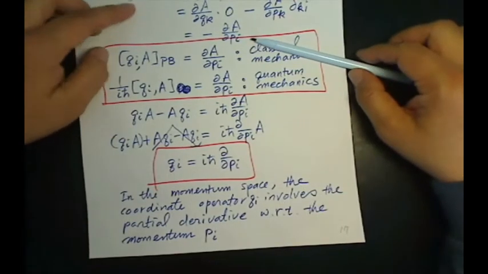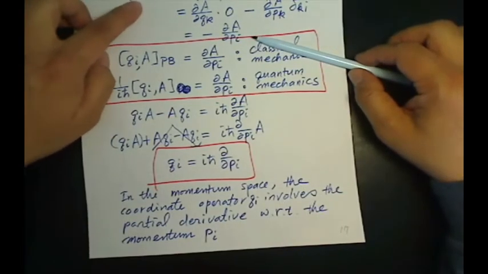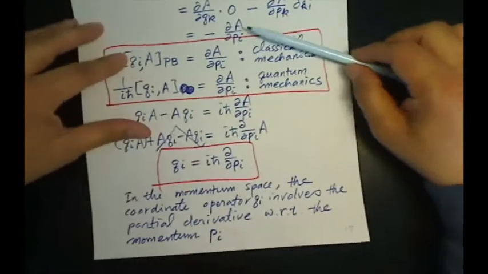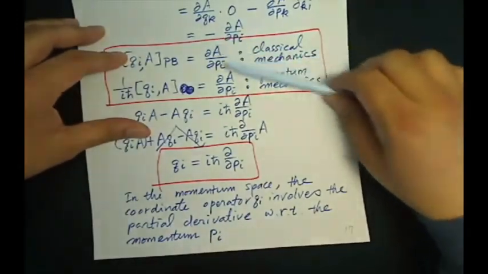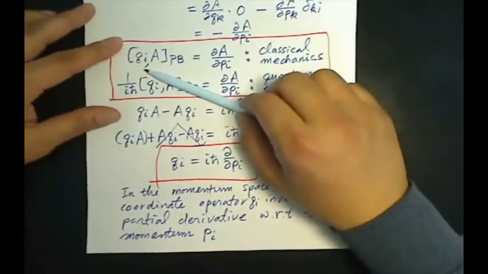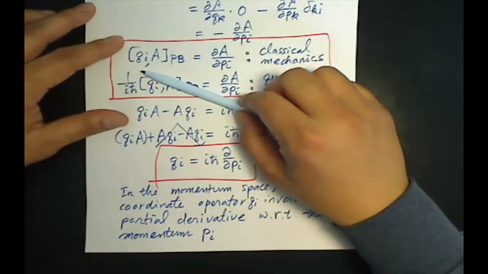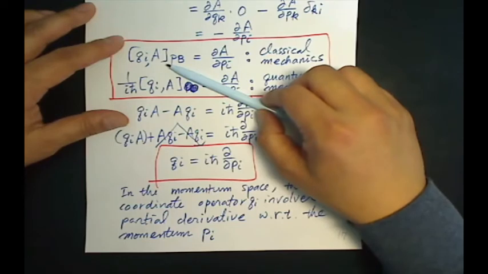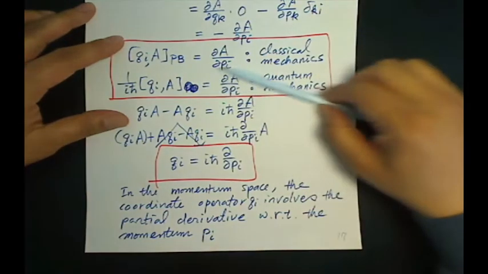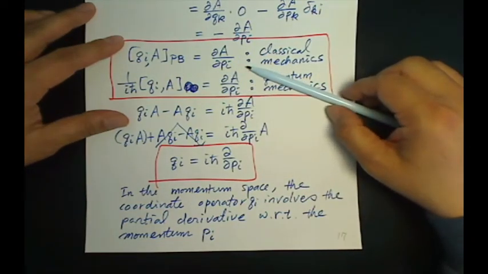Therefore, we just copy this one here, exchanging q and A. We have removed the negative sign. So the Poisson bracket for the generalized coordinate and mechanical variable A is A's derivative with respect to the generalized momentum.